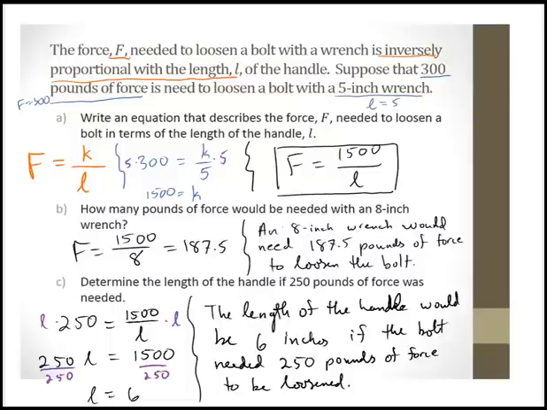Now let's look at a graph of that function, F equals 1,500 over L, and hopefully you recognize that as just a transformation of 1 over x, one of our basic functions back in chapter 3.